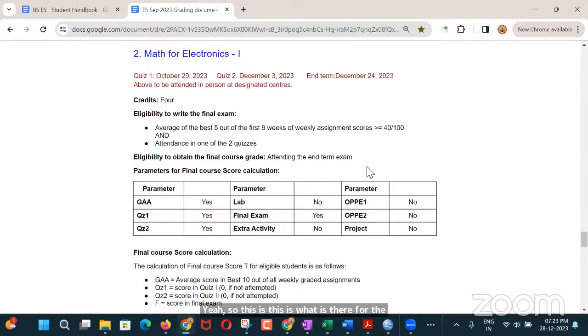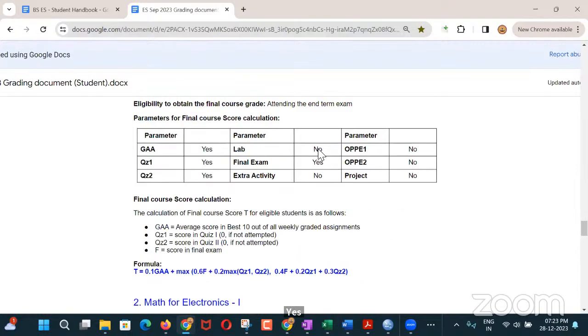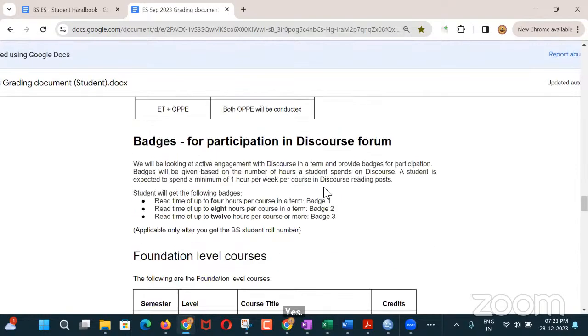All that you have to do in order to get the final score is attend the end term exam, and eligibility is also given. So your question is if you fail in maths, right? Yes, sir. Only the end term. Only the end term. You can take up the end term alone. That is also somewhere given.